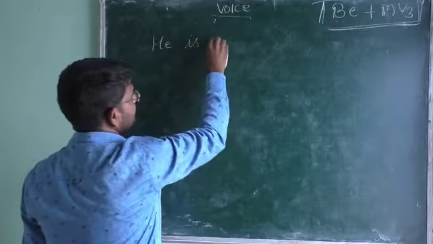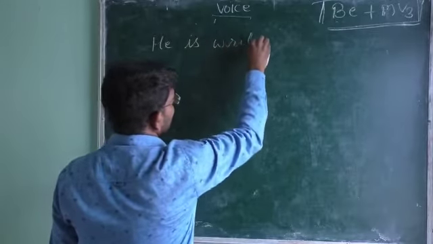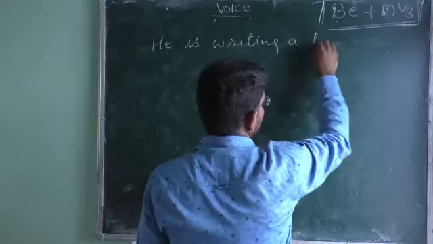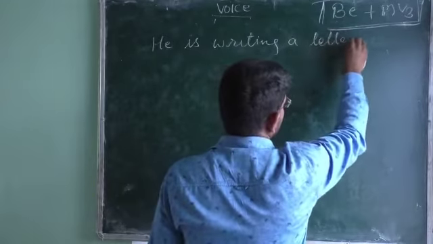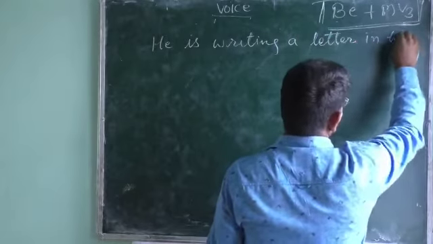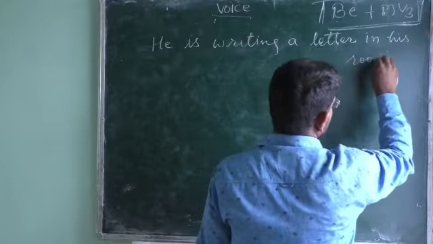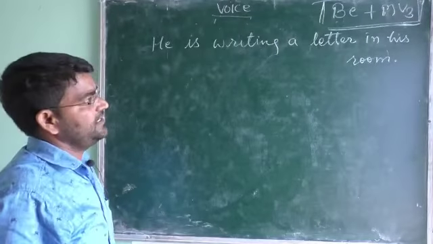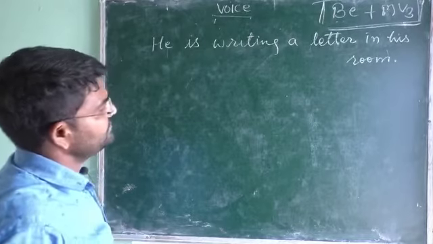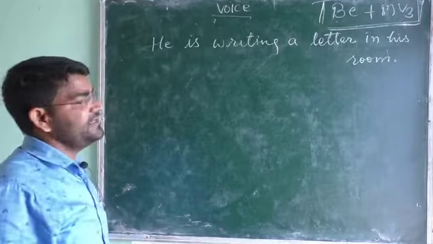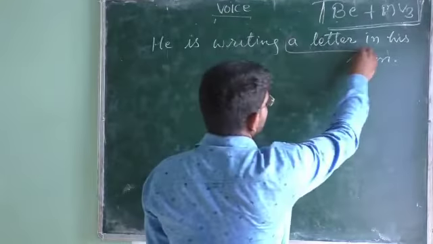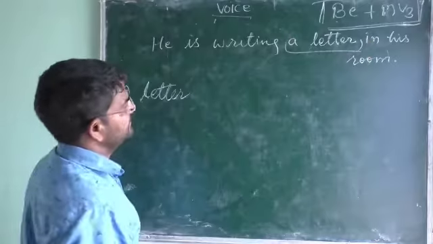Now we take these things in a more detailed form. He is writing a letter in his room. Our first work is to identify the object, and the object is a letter.